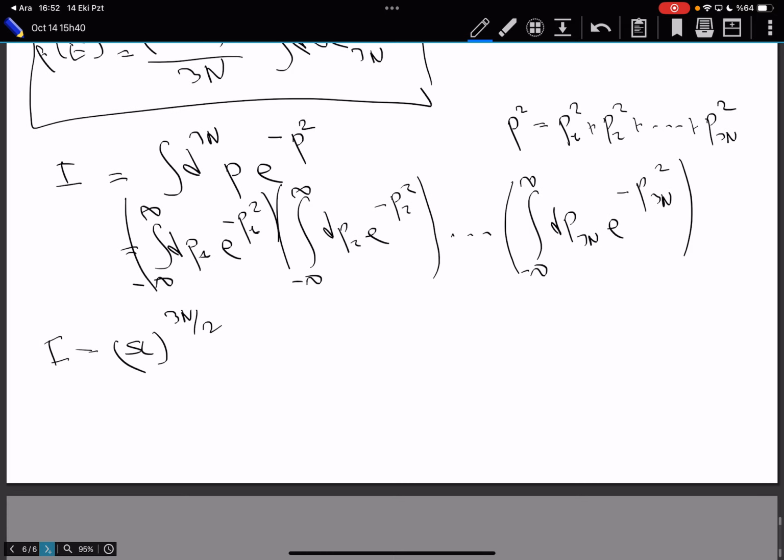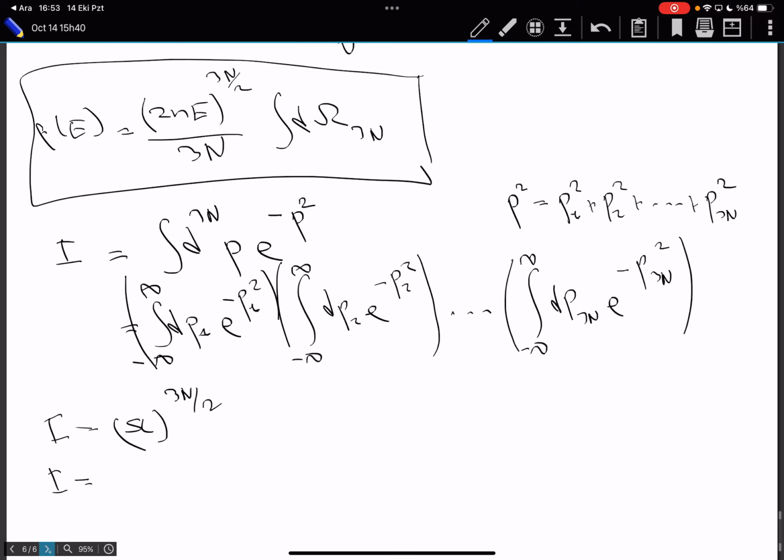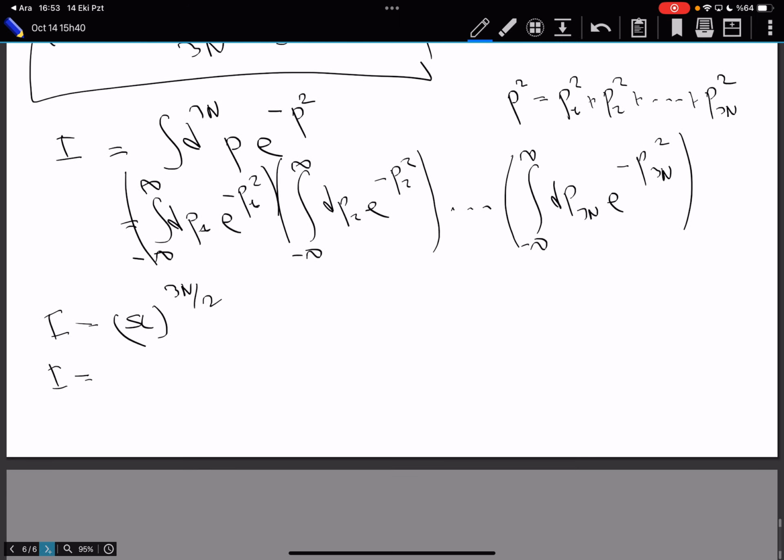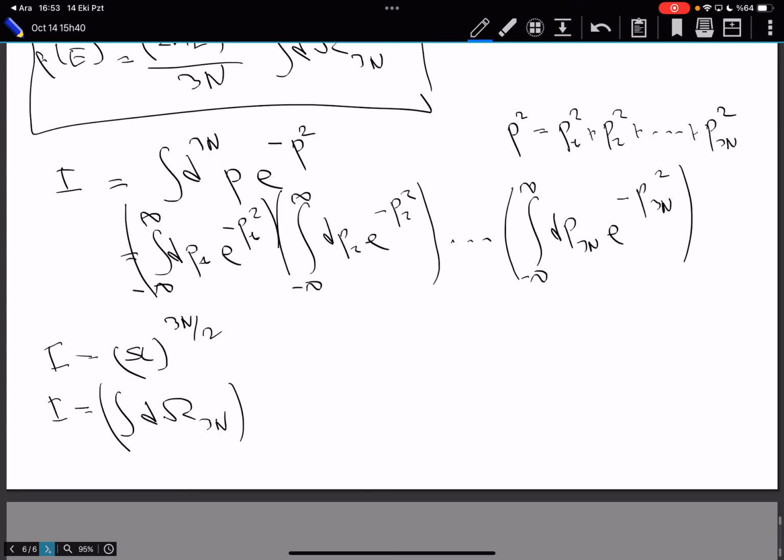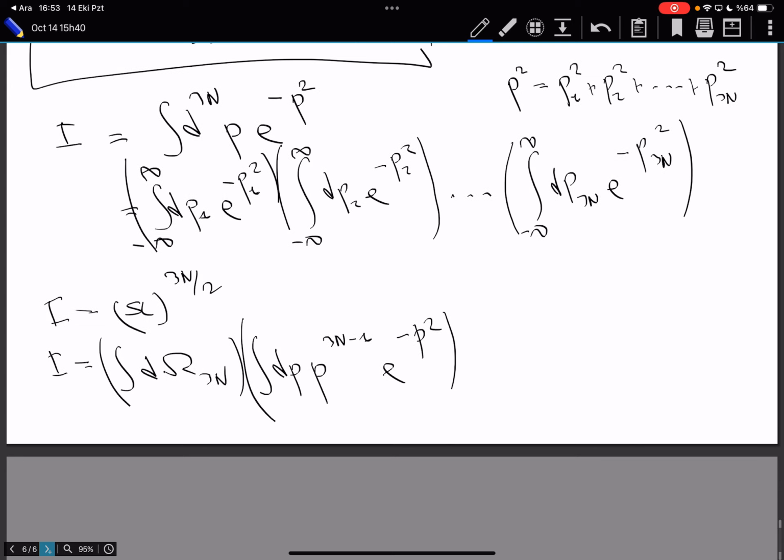But at the same time, I can try to evaluate the same integral in spherical coordinates. If I do the same trick, then I have the integral over the solid angle times p to the power 3n minus 1 e to the power minus p squared. This goes from 0 to infinity.